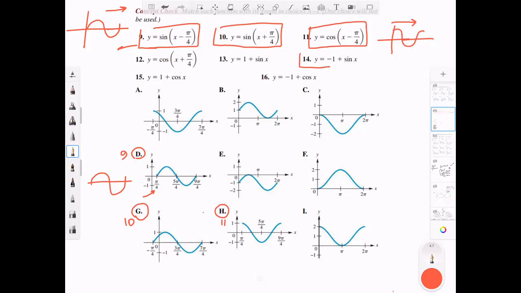Which one is for 14? E. Somebody said E. Anybody else? A. Maybe. A, Jake? Why not? Jake said A. I don't think so, actually.